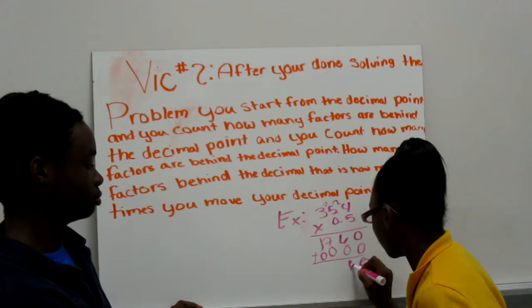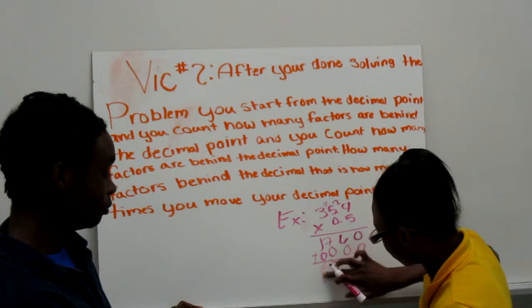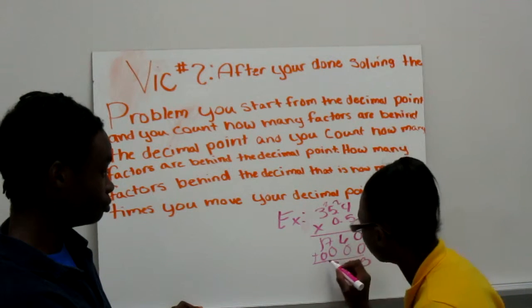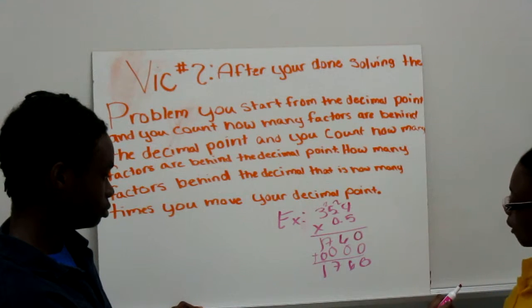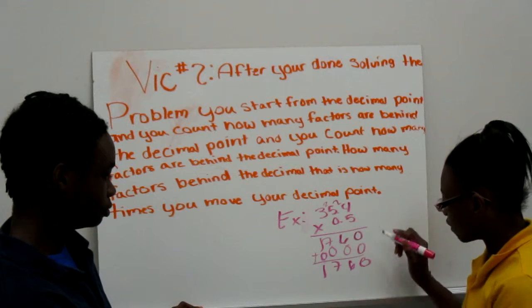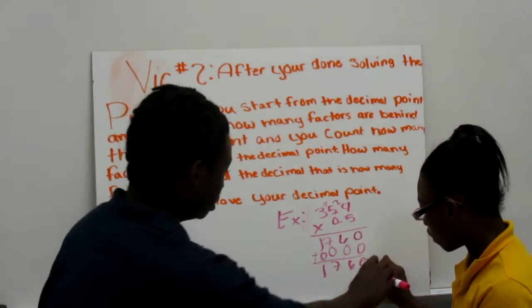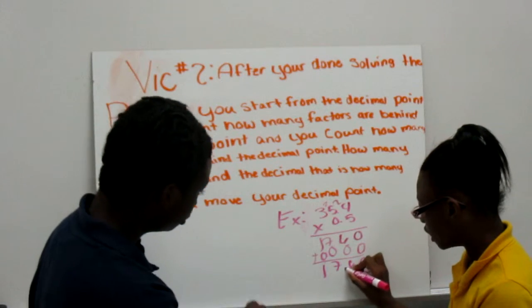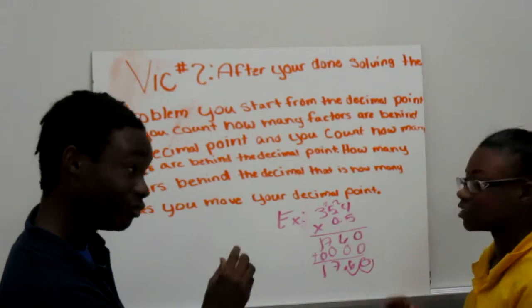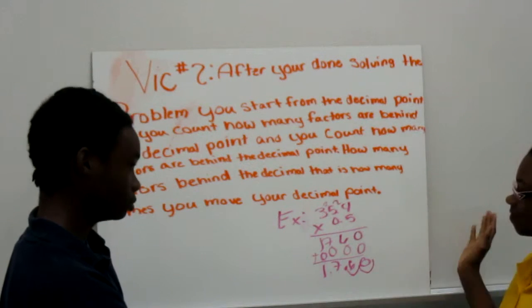So that is my final answer. So I have 2 numbers behind the decimal point. So that means I have to start from behind right here and go 1, 2. Stop right there. That's your final answer. Okay. Move on.